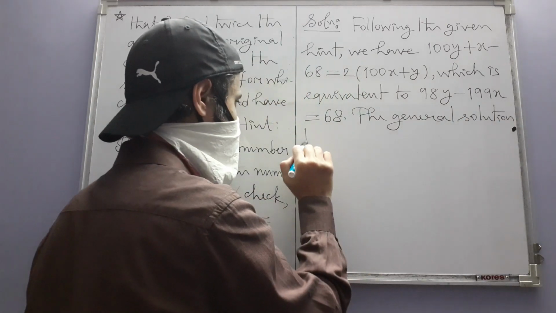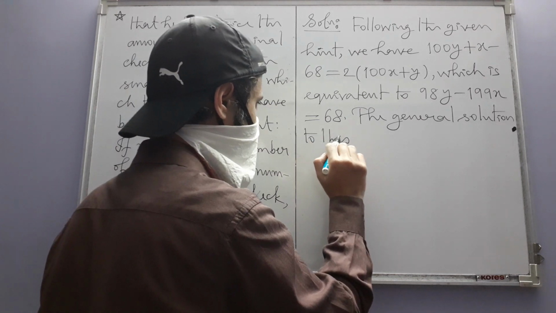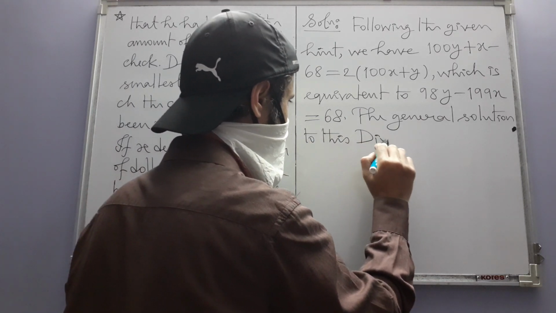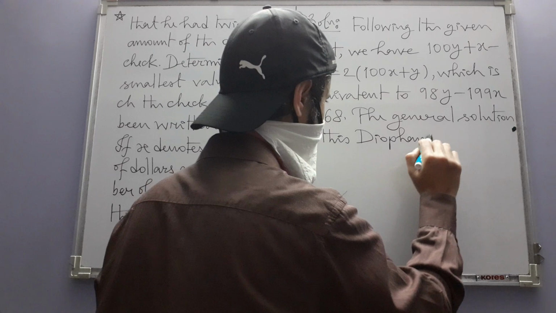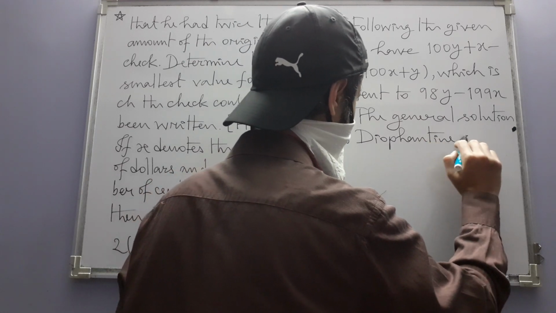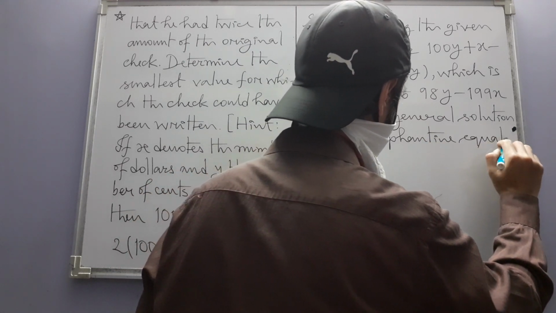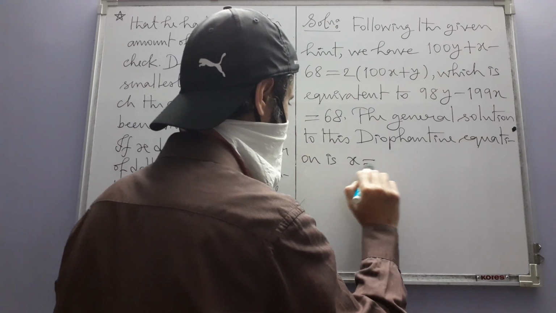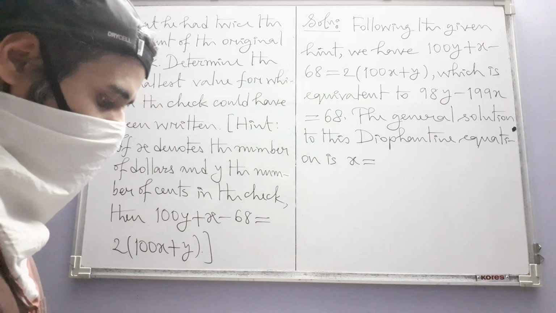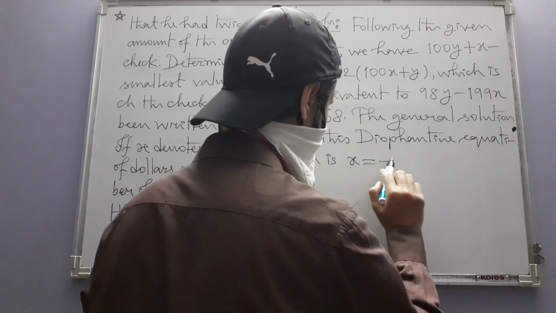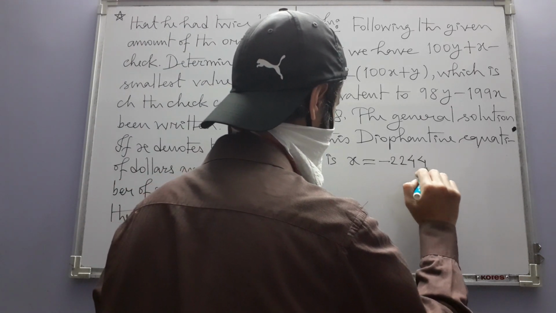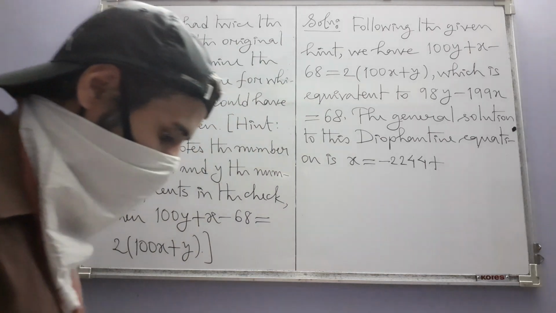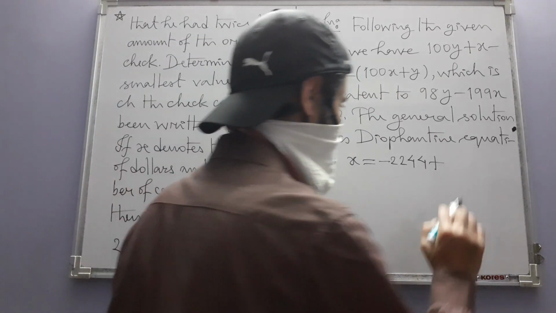The general solution to this Diophantine equation is X equal to minus 2244 plus 98T.